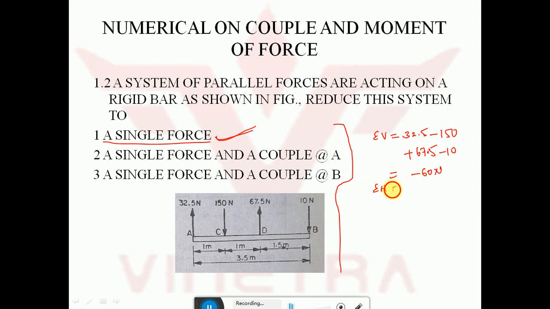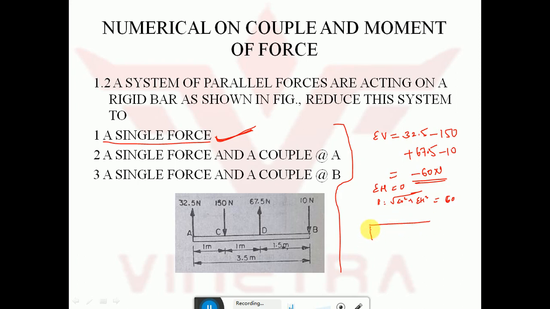Since horizontal forces are equal to 0, the resultant will be the square root of summation of V squared plus summation of H squared. If we substitute, that will again be 60 Newton only. So indirectly we are calculating that the single force is nothing but the resultant. This force is acting downward. So how can I represent that force?